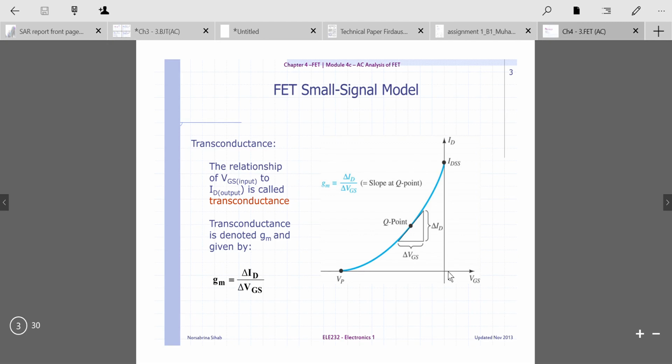We have ID on the y-axis and VGS on the x-axis. The cutoff point for ID, we call it IDSS, while the cutoff of VGS, we call it VP.